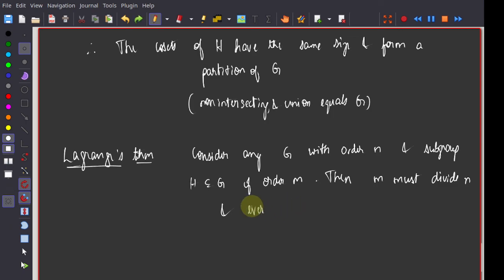And there are exactly N by M cosets. So in particular, if we look at the group of integers modulo P, if P is a prime, then how many subgroups can this have?